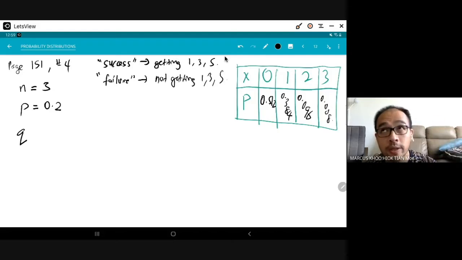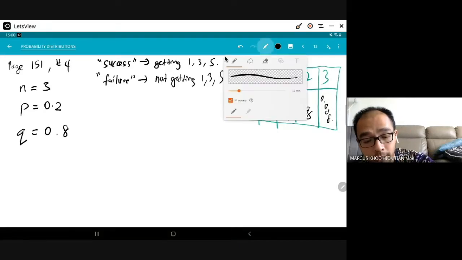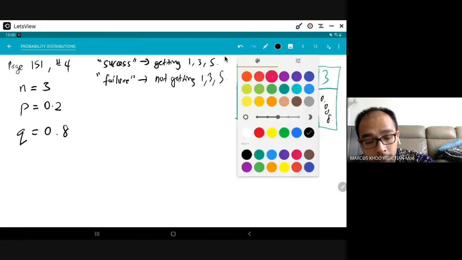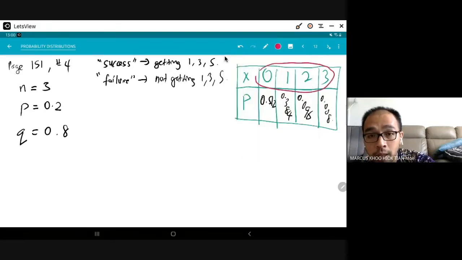Okay, or getting 2, 4, 6, 8, 7, 9 and 10 lah. Same thing lah. So the failure is 0.8. Okay, so in our table, all this 0 and 1 and 2 and 3 is actually our R. So line R, you will get line kebarangkalian.